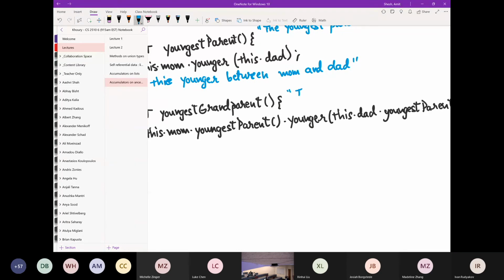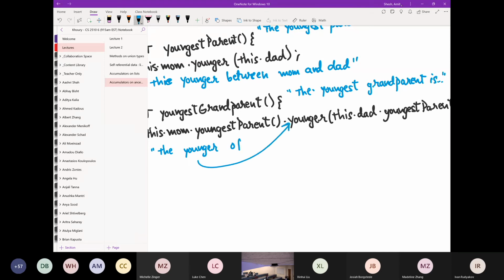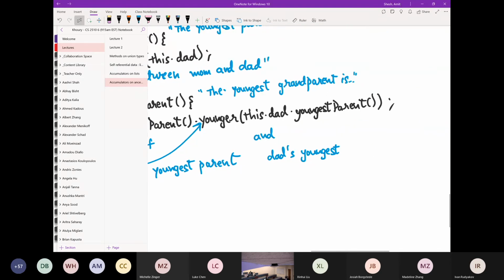So, the youngest grandparent is the younger of mom's youngest parent, which is this right here, and dad's youngest parent, which is this right here.